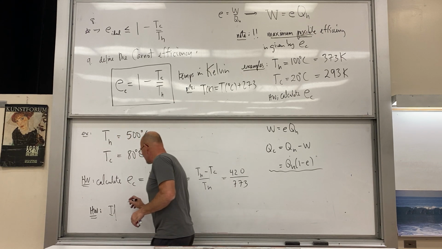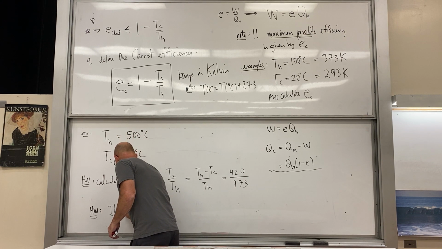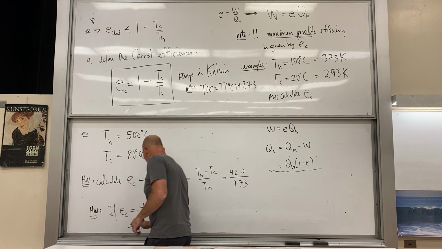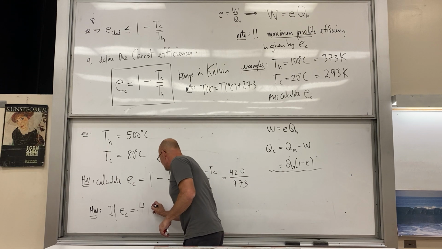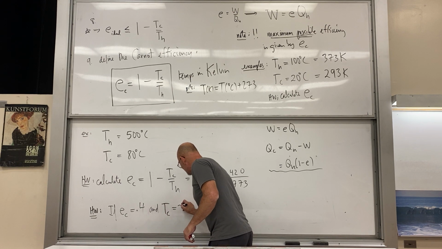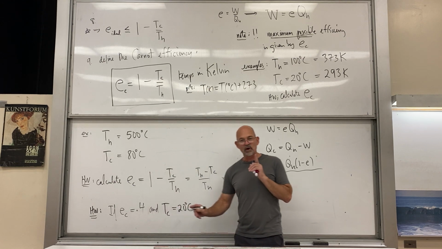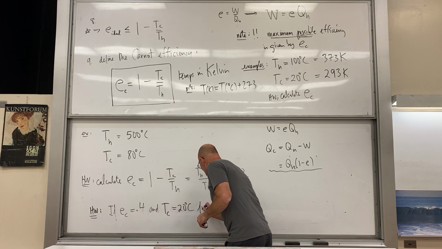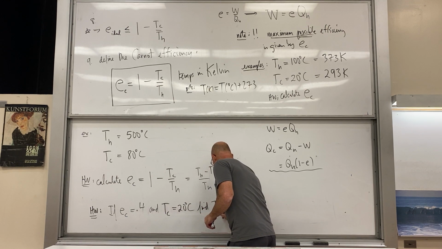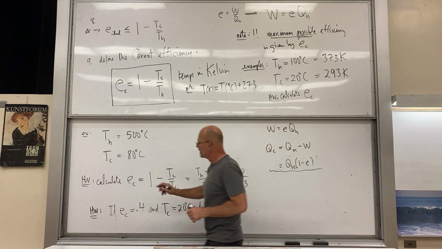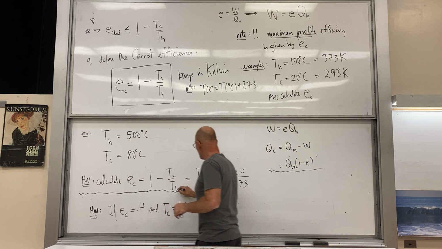So if E Carnot equals 40%, which is to say 0.4, and cold temperature is, we'll make it 20 degrees Celsius again. Remember, you got to go to Kelvin, but we'll write down 20 degrees Celsius. Find TH. So good. You can learn to operate with these things.